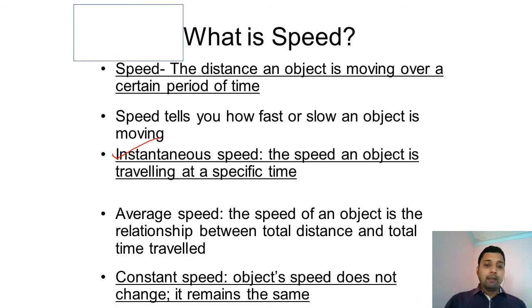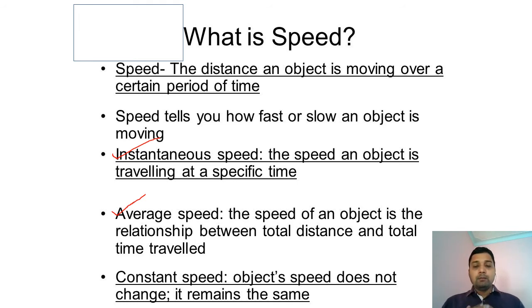But average speed means the total distance covered divided by the total time taken. If a bus is traveling from Balangir to Bhubaneswar, which is nearly 400 kilometers, and the bus took 8 hours for this 400 kilometers, what is the speed?